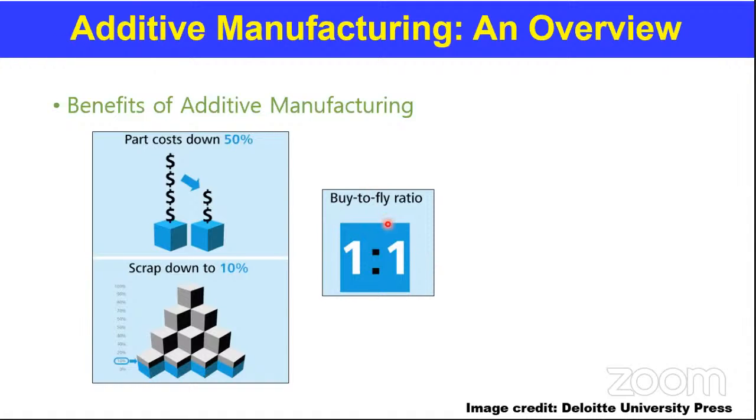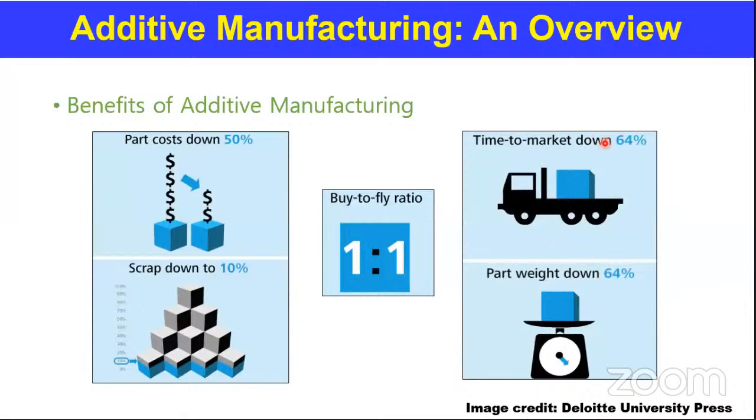On the other hand, in the case of additive manufacturing, the raw material that we are using is more or less completely used to obtain the final part. So that's why we say buy to fly ratio in the case of additive manufacturing is 1:1. Thereby we can save the scrap rate, right?